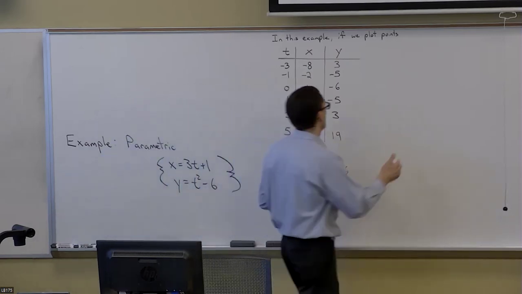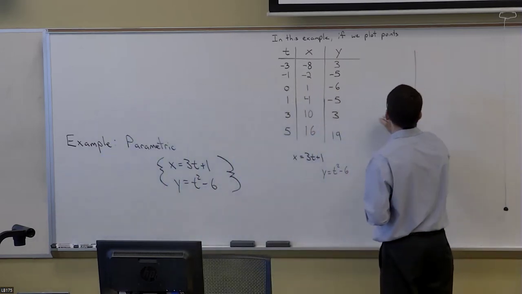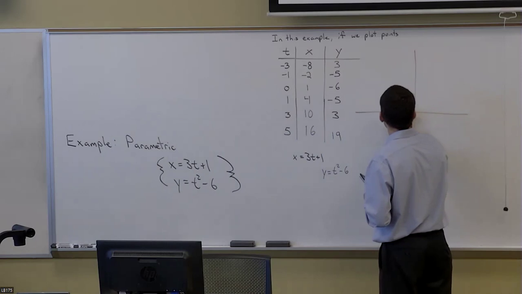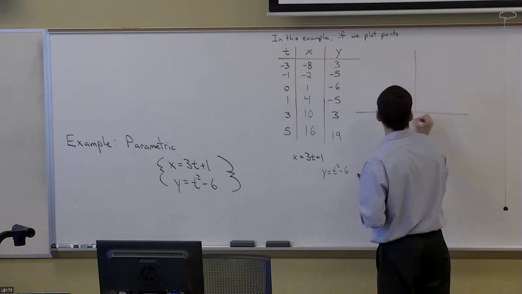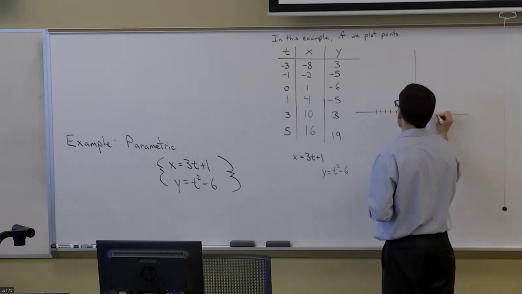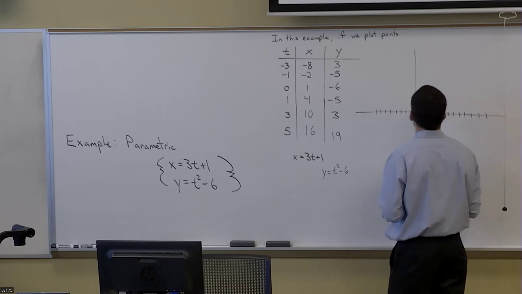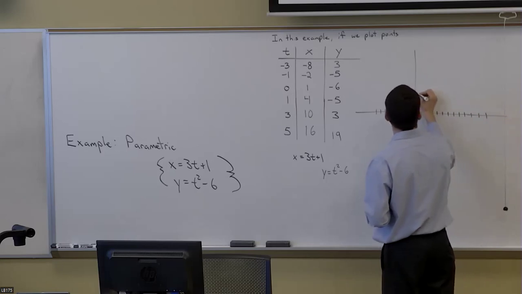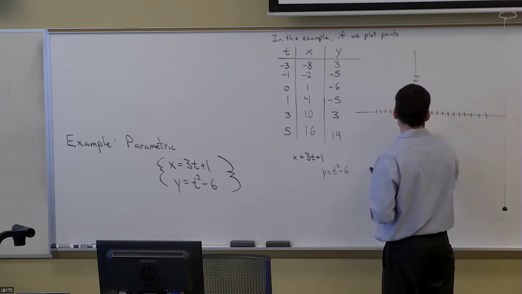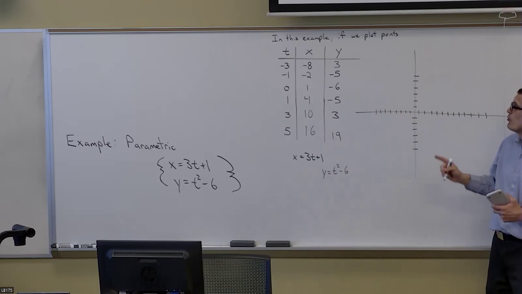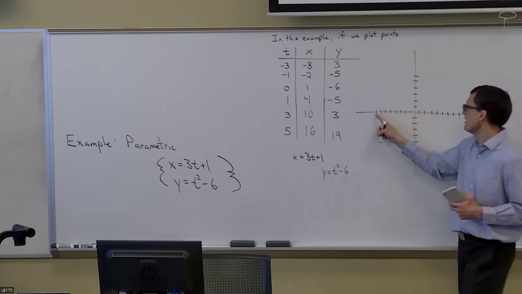And so if you're plotting points, the points that I have, one of them is going to be -8, 3.